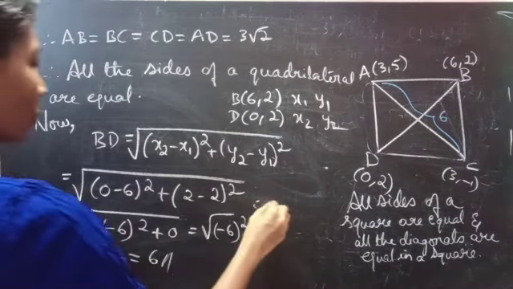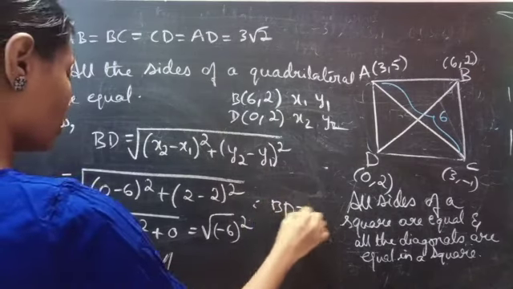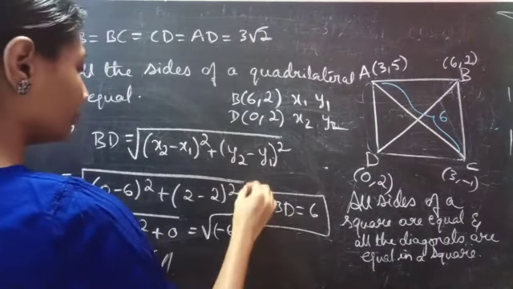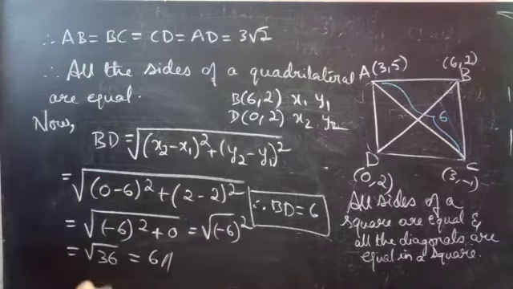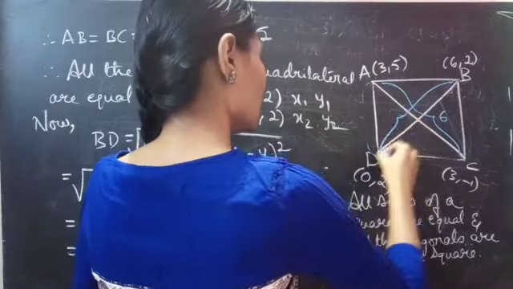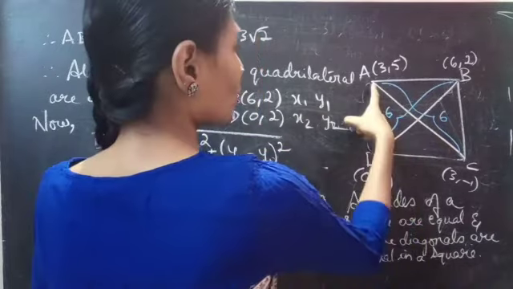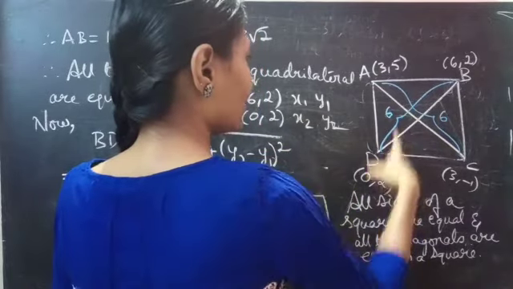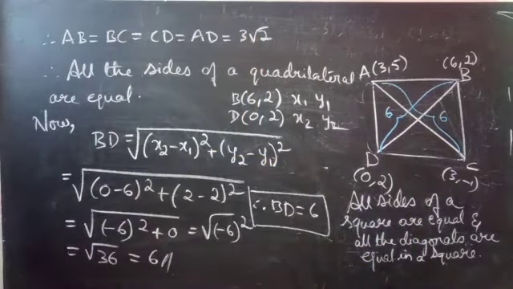Therefore BD equals 6. So here we can notice that the diagonals are equal.